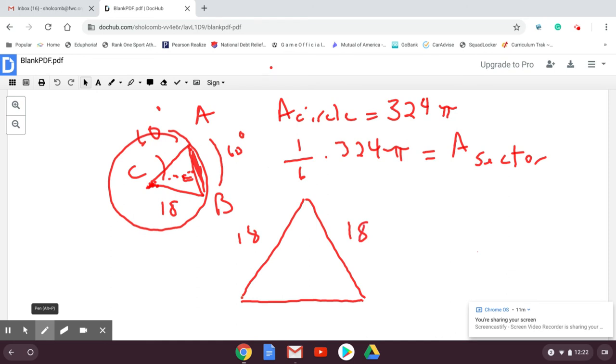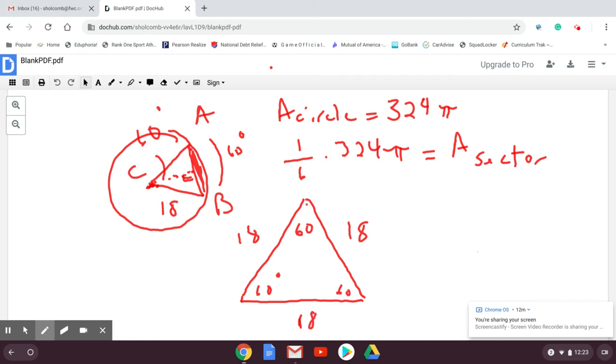If I use one of those as the base, everything has to be 60. It's an equilateral triangle because I've got a 60-degree angle up here and both of these are the same. That's going to help. I also know this is 18 down here.